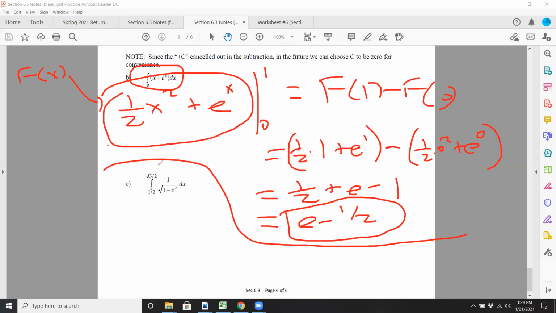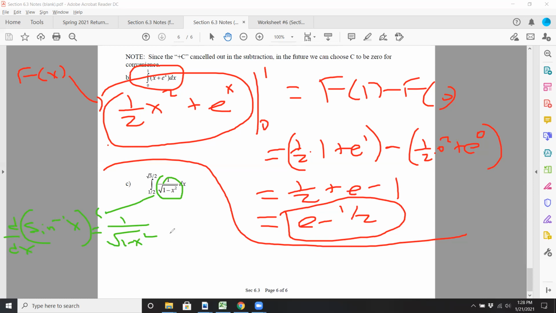Looking at one more, you have 1 over root 1 minus x squared. Hopefully you recognize that the derivative of inverse sine of x was that. Hopefully you can see that. So the antiderivative of 1 over root 1 minus x squared is inverse sine of x.